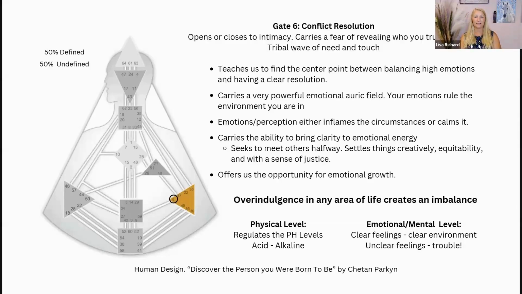Now, every time there is an overindulgence in any area of your life, there's an imbalance. So that could be having too much emotion, too much stress, too much fear, too much overthinking, too much food, too much drink, too much of anything, or not enough excitement, not enough freedom, not enough motivation, right?